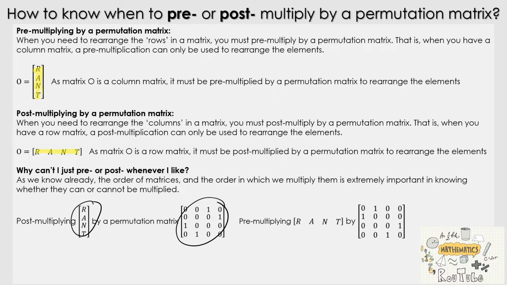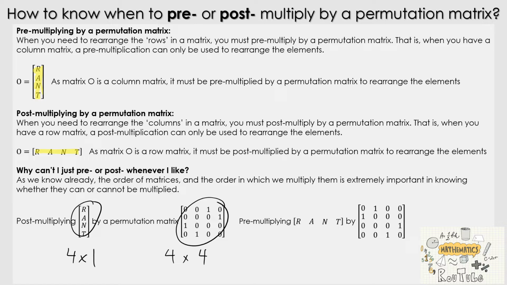The easiest way to see whether you need to pre or post multiply is to write out the order of each matrix. The first, the column matrix, has order 4 by 1, because it consists of 4 rows and 1 single column. And the order of the permutation matrix is 4 by 4.